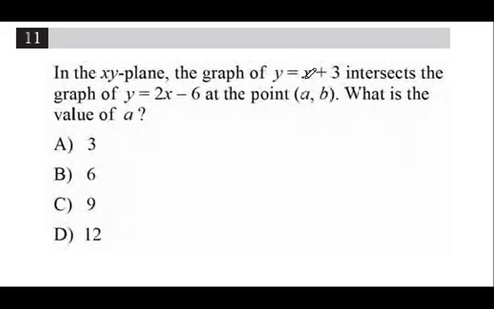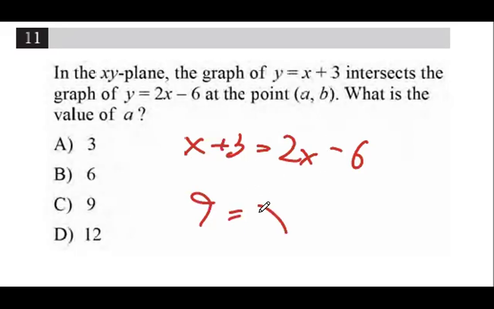A is the x value, so that means we just have to solve for x. So we can say x plus 3 equals x minus 6, because this is the intersection, so they're equal to each other. Solving for x, we add 6, so 9 equals, and then subtract x from both sides. So that just goes 9 equals x. So the correct answer is C.